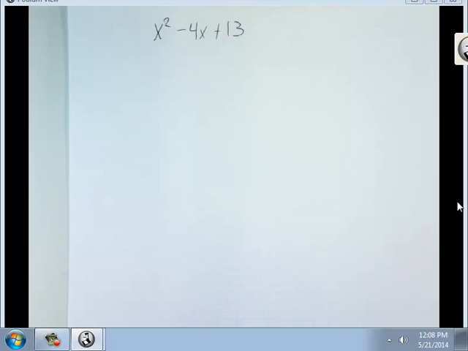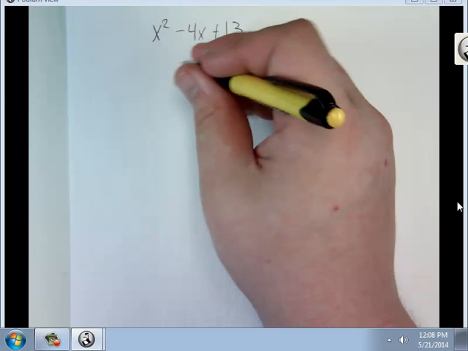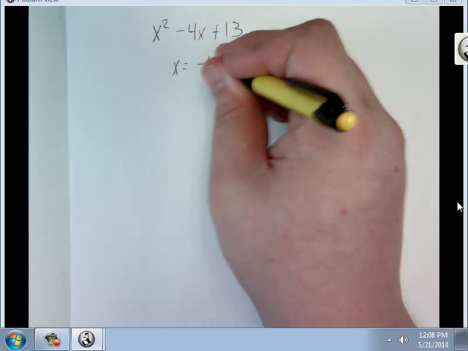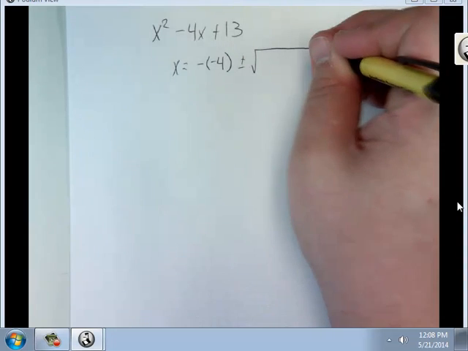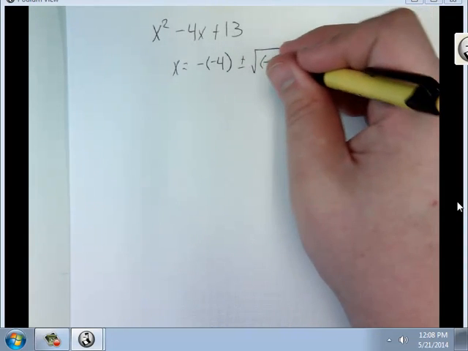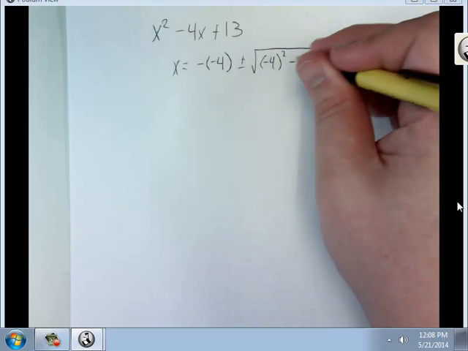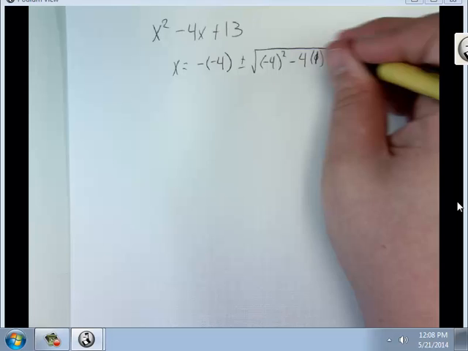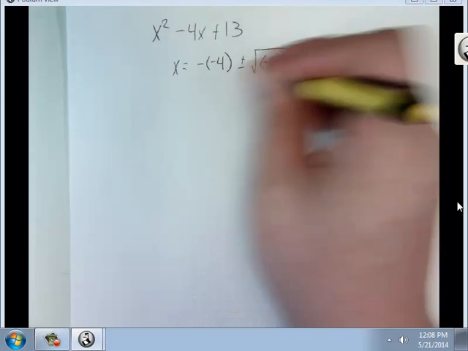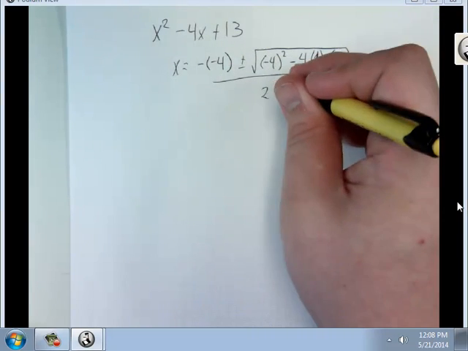So, I'm going to use the quadratic formula: negative b plus or minus the square root of b squared minus 4 times a times c all over 2 times a.